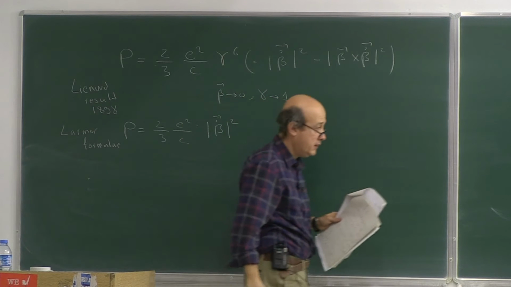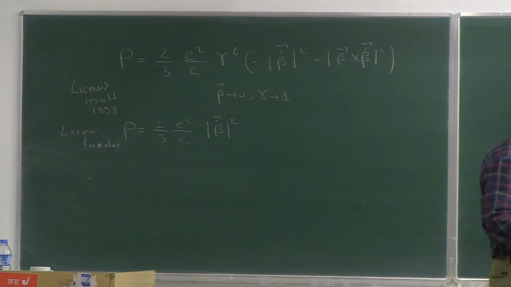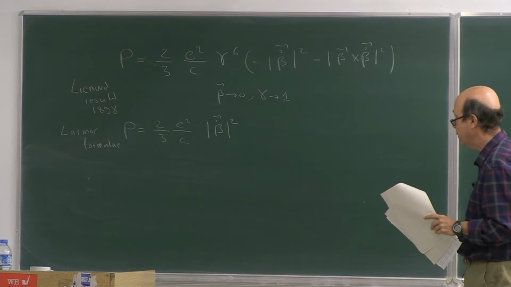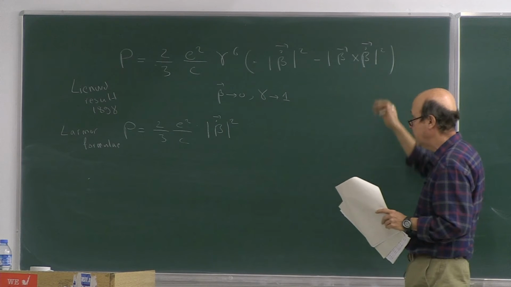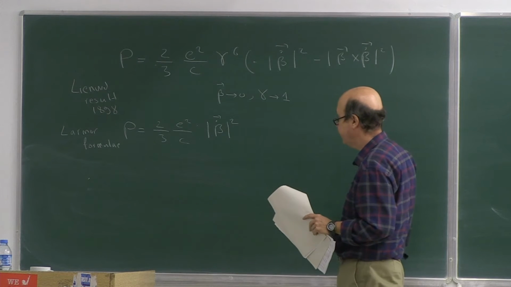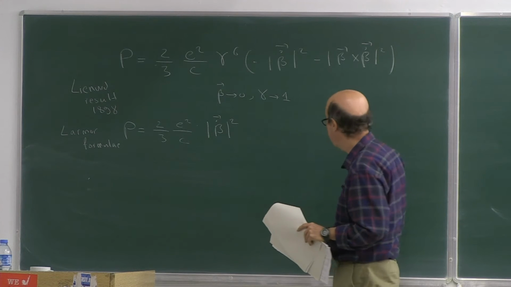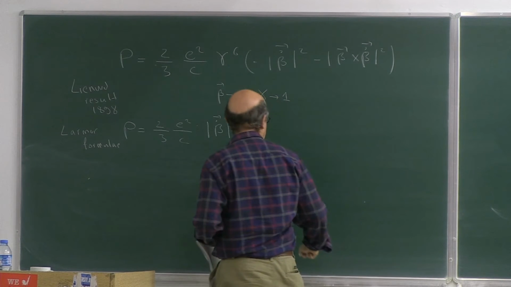So basically β dot is the acceleration. If you know the acceleration of the charged particle non-relativistically, you can find the total power, and relativistically also you can find the particle's emitted total power. So we studied two cases.